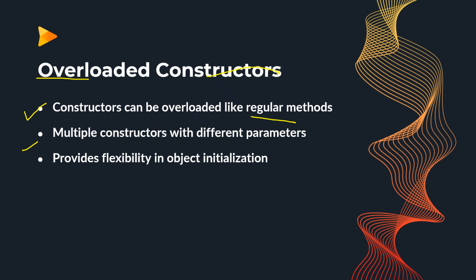So this is known as overloading. There will be multiple constructors, but their parameters will be different. It provides flexibility in object instantiation. So this is the advantage of an overloaded constructor.